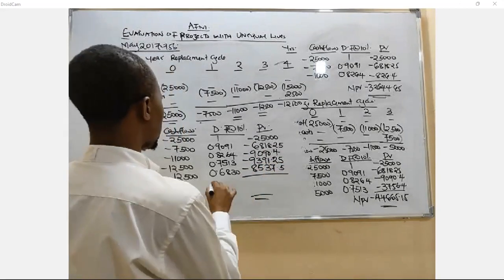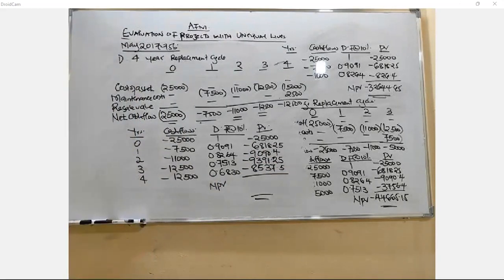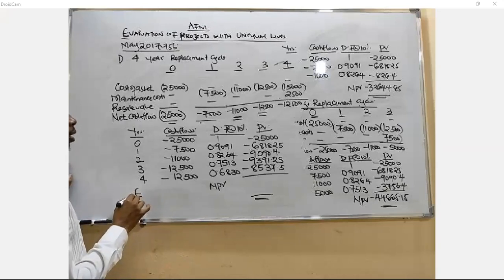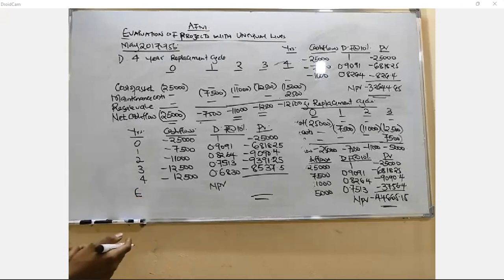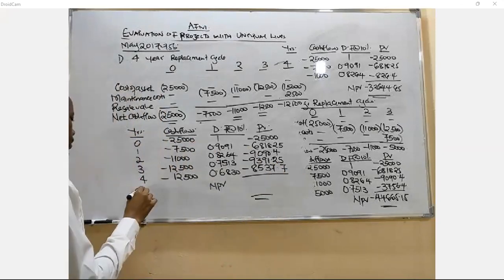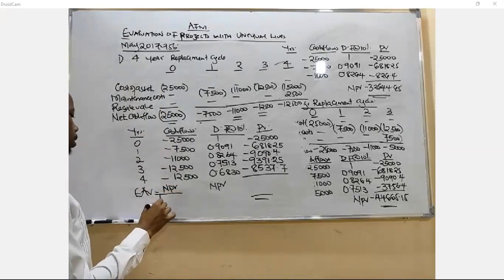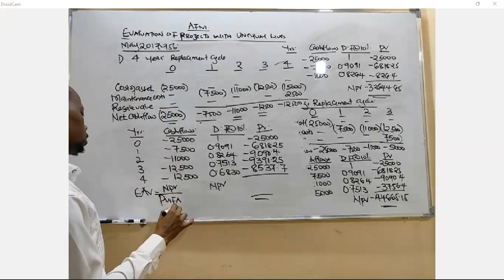What is your NPV at year 4? 8537.67. Thank you so much.